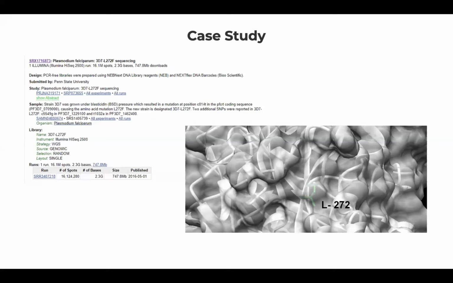So it's leucine at position 272 changing to phenylalanine, and the mutation was identified as cytosine at the 814th position changing to thymine. We traced that using the structure also, which is a cryo-EM structure submitted in PDB, Protein Data Bank. But this data set we found in NCBI, and they used, I think, blasticidin pressure, which resulted in this mutation at the coding region.